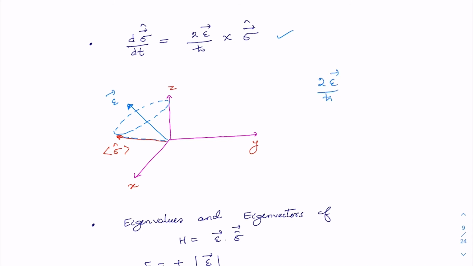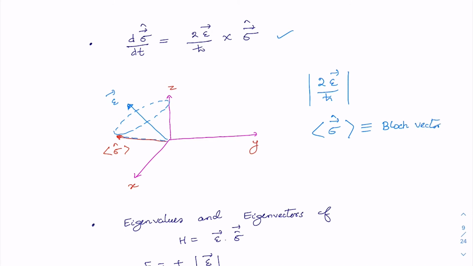That is the precession frequency with which the expectation value of the Pauli vector rotates, and this expectation value of the Pauli vector has a name: it is also called the Bloch vector.